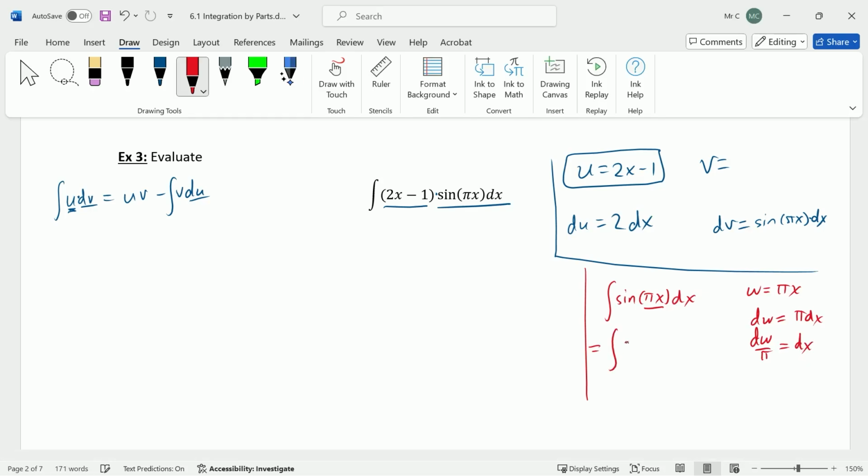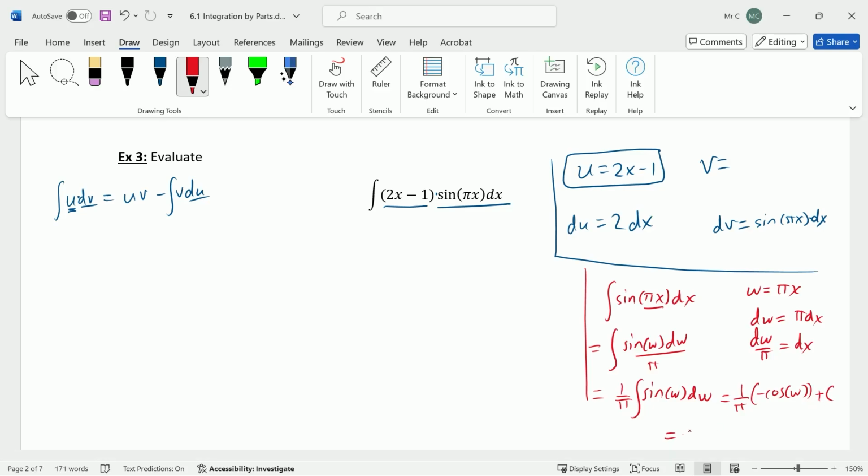So I can rewrite this as the integral of sine of w dw over pi. And of course I can pull the 1 over pi in front of the integral. And so that's 1 over pi. And the antiderivative of sine of w is negative cosine of w plus a constant.